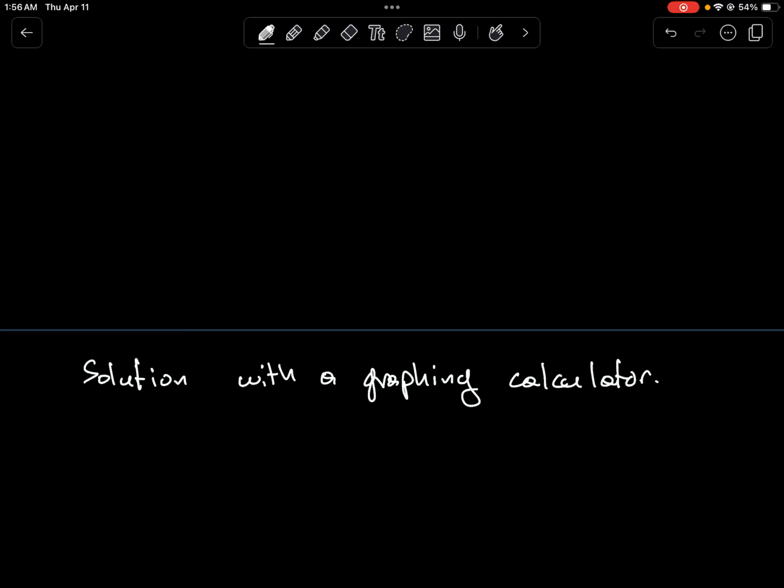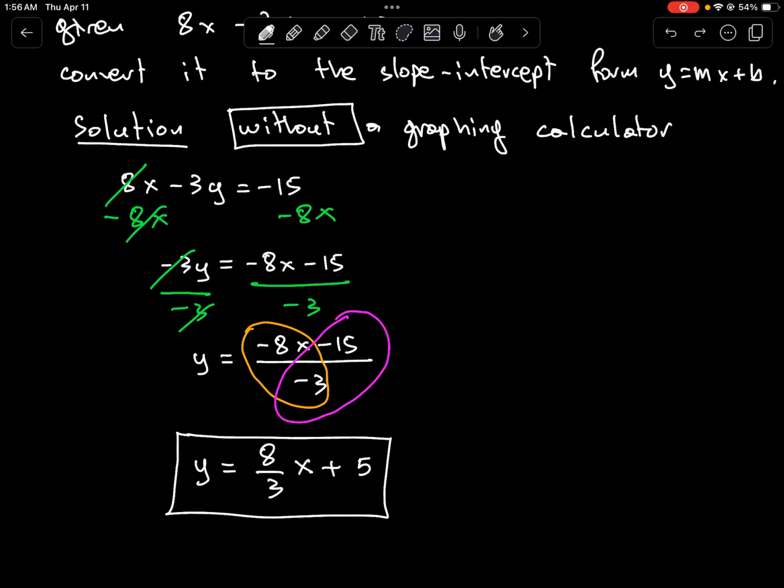By the way, how can you confirm that what you found is correct? Well, it will be tricky, because your STAAR testing graphing calculator cannot really graph this one. So if you try to confirm it with the graphing calculator, you would not be able to.